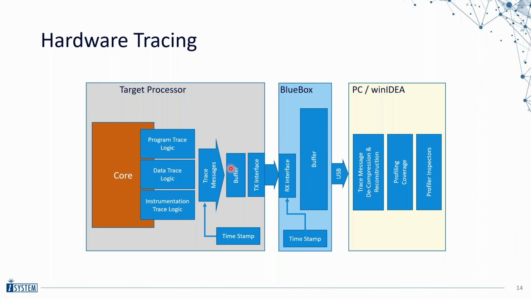The first case is that you are using a microcontroller that has a so-called OCTB, an on-chip trace buffer. Then you can record a trace into that on-chip trace buffer until the buffer is full, and then you can read out the data via the JTAG interface and analyze it.